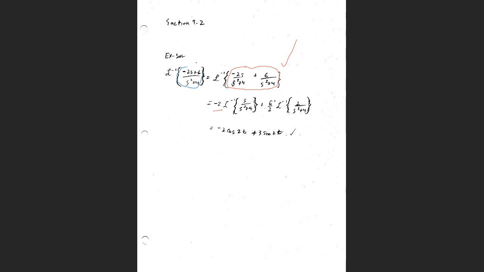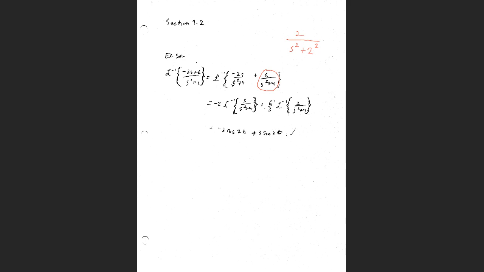And then on the second fraction, I have a 6 divided by s squared plus 4. But really, being that the denominator is s squared plus 4, which is the same as s squared plus 2 squared, I'd really like a 2 in the numerator, but I have a 6.